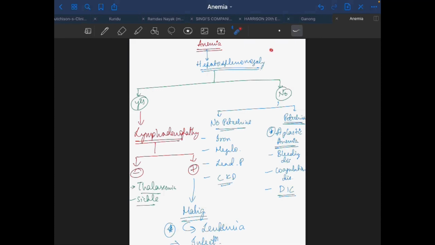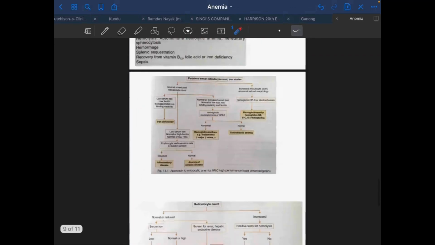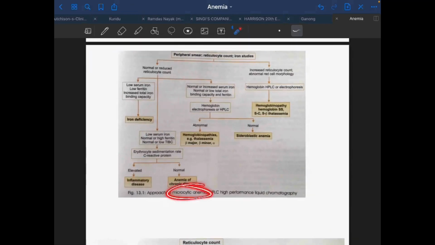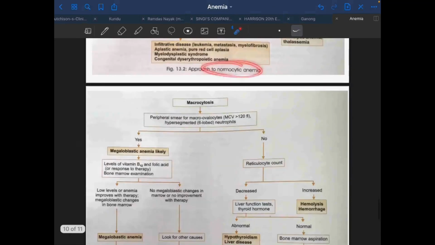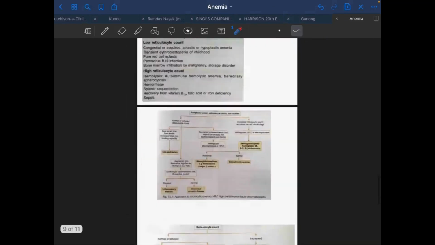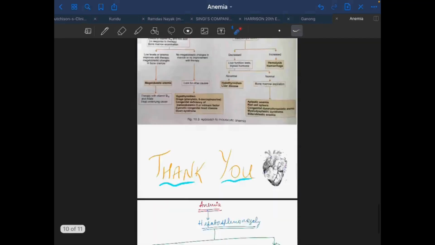If you are thorough with this clinical approach, then you are going to narrow down to very few diseases for which you can go for a particular investigation and reach the confirmatory diagnosis. So we all know the investigation modalities for microcytic, normocytic, and macrocytic anemias. We saw the different investigational approaches for different types of anemia.